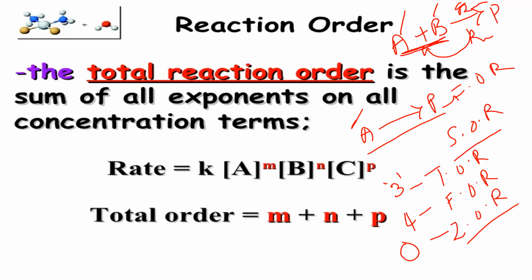Order of the reaction will give the information about what type of reaction that is, whether it is first order, second order, or third order. If it is one, the rate depends upon only one concentration of the reactants. If it is two, then second order reaction. If it is three, third order reaction. If it is four, fourth order reaction. If it does not depend upon the concentration of any reactants, then it is zero order reaction.